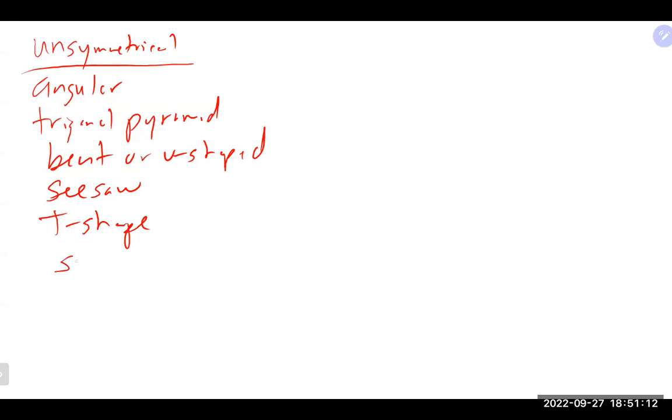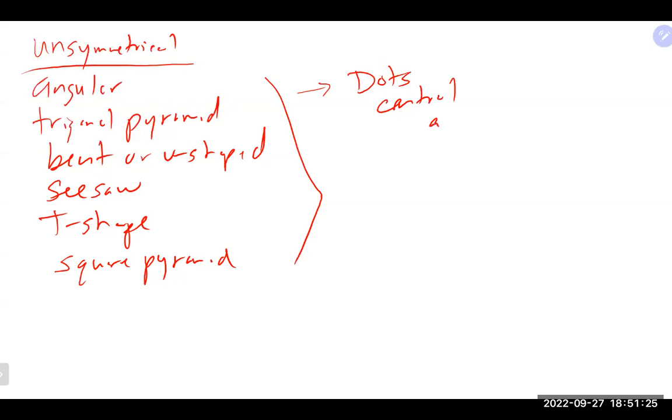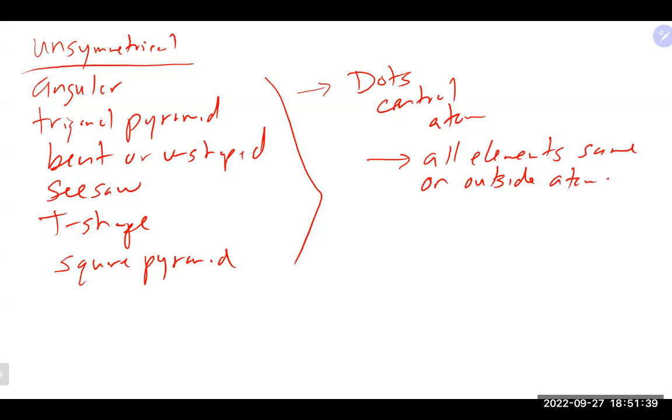We got our square pyramid. What all these guys have in common is when you draw the Lewis structures, we have dots on the central atom. And if you draw Lewis structures and you end up with one of these geometries with dots, and all the elements are the same on the outside, it will most likely be a polar molecule.